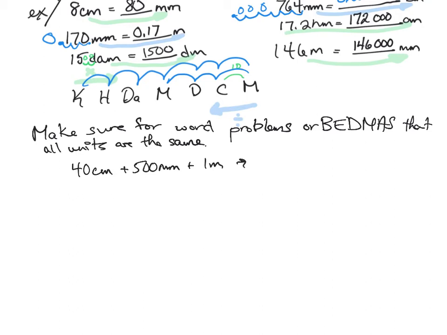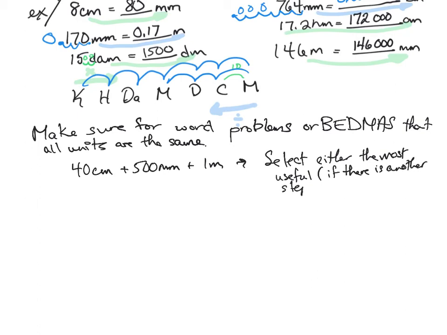So what do I do? I select either the most useful, and when is something useful? If there's another step that requires something specific.